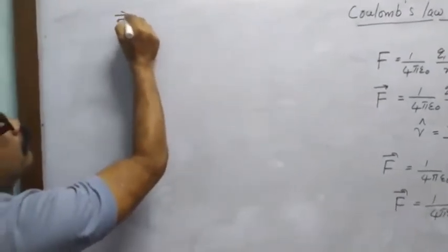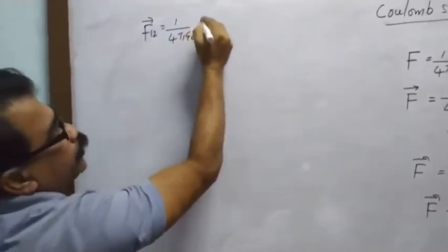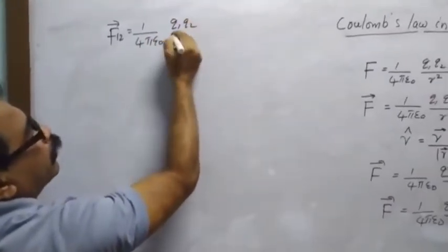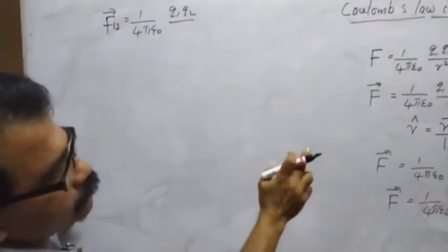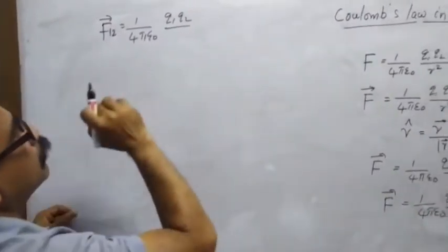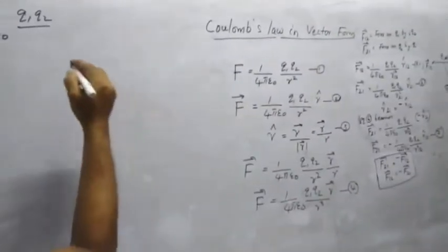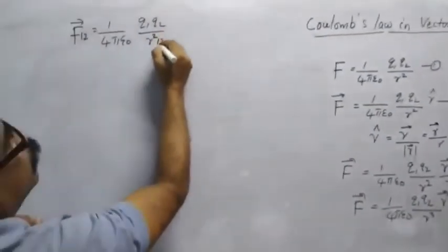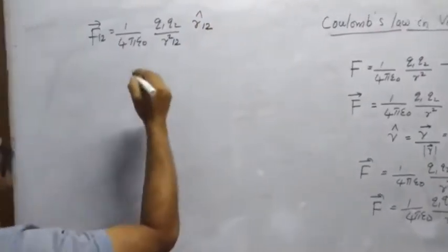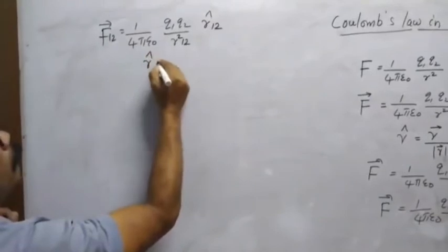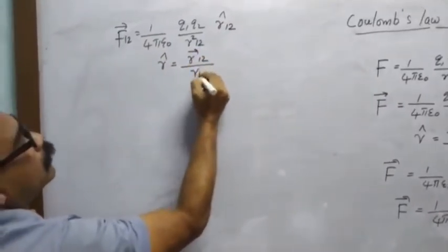So, very simple, F12 equal to 1 by 4 pi epsilon 0 Q1 Q2 by R square 12 into cap R12. What is cap R12? That is vector R12 divided by modulus of vector R12.